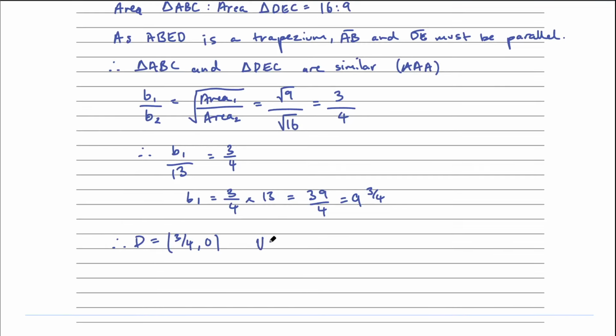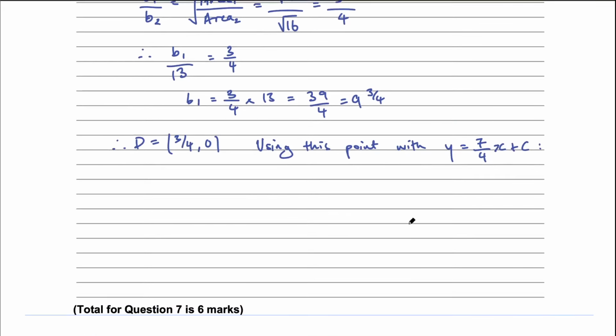So then we can say using this point, the equation of the line, which is y equals 7 on 4x plus c, you can insert those numbers into this equation. So y is 0, right? These are the x and y coordinates. They fit into this equation where the y and the x are.